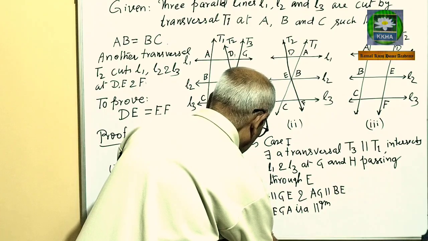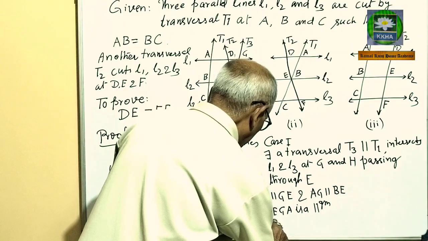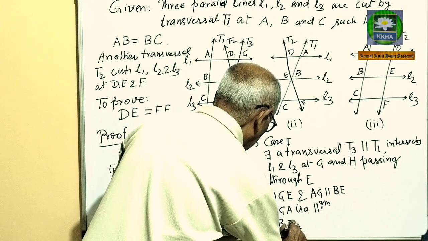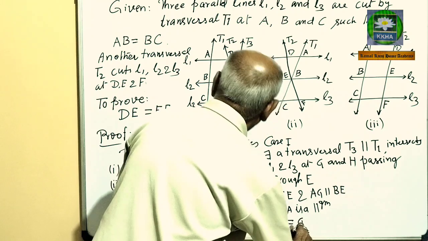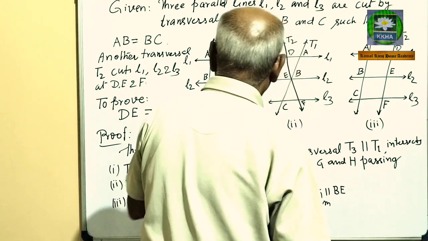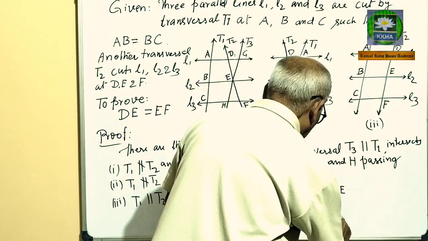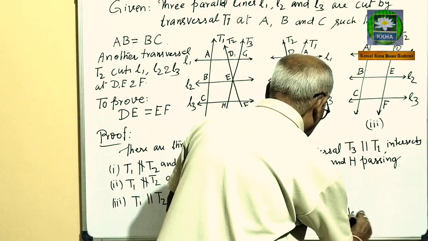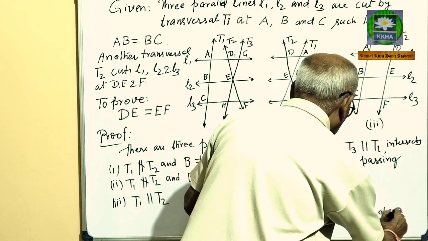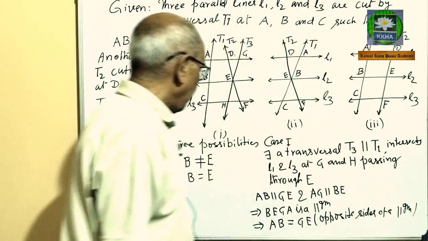This implies that AB will be equal to GE. Opposite sides of a parallelogram are equal.